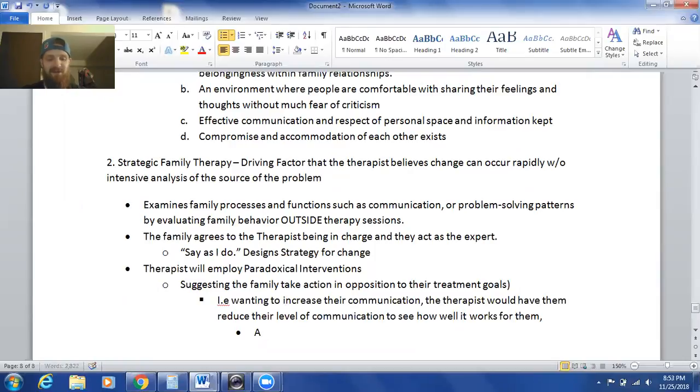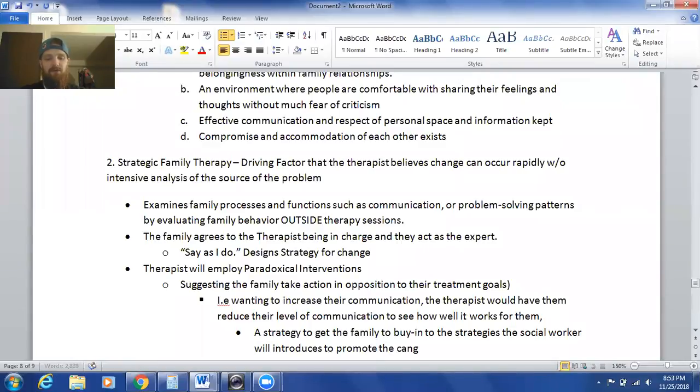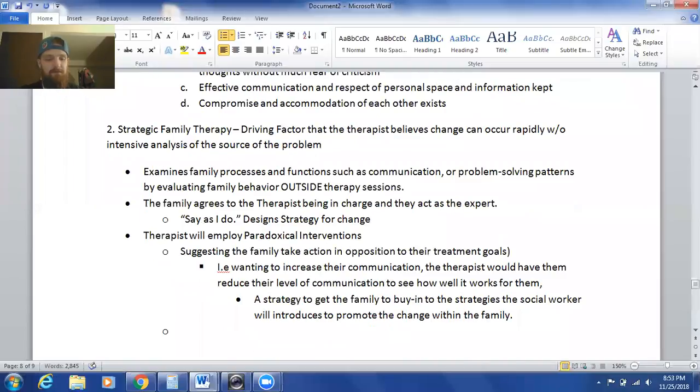So basically a strategy to get the family to buy in to the strategies the social worker will introduce to promote the change within the family.